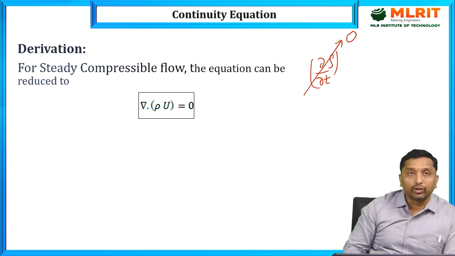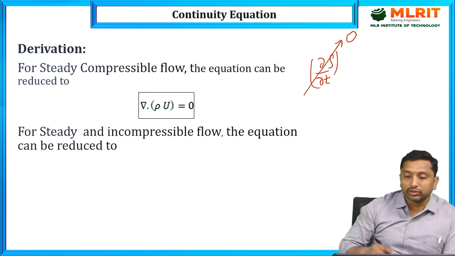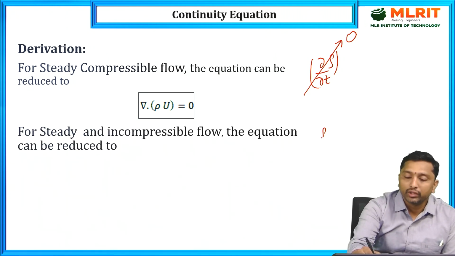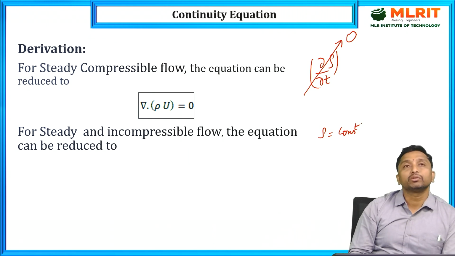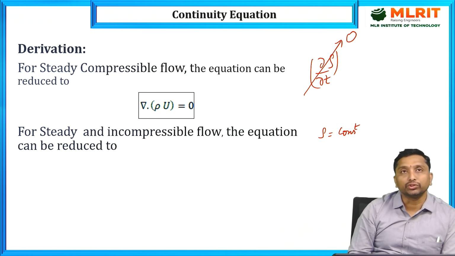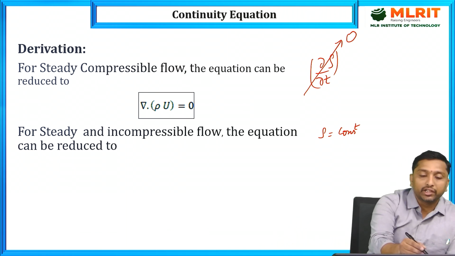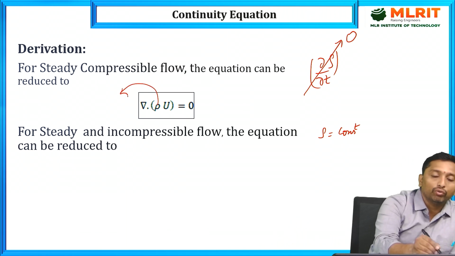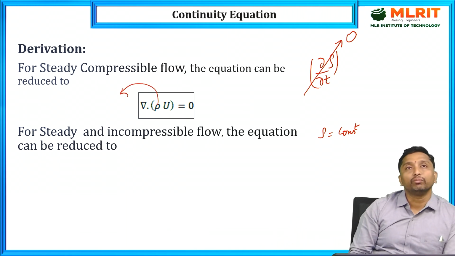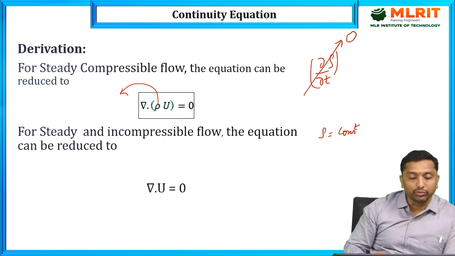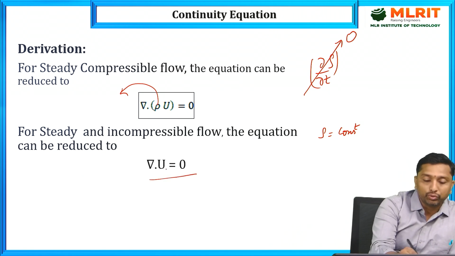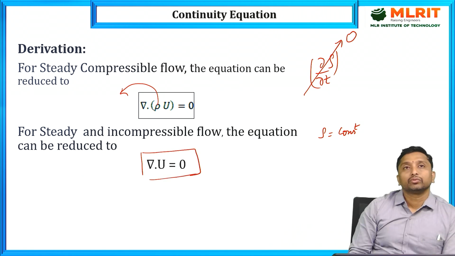Now for steady incompressible flow, since for incompressible flow density is constant, the density term can be brought out of the partial differential form. So your equation will further reduce to the divergence of u equals 0.